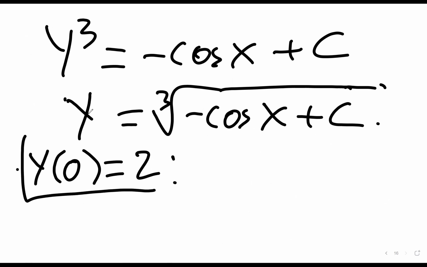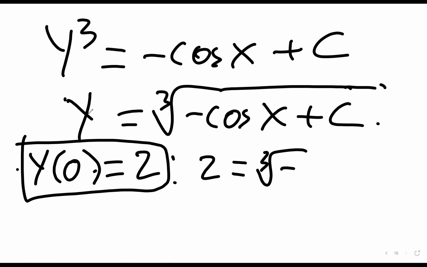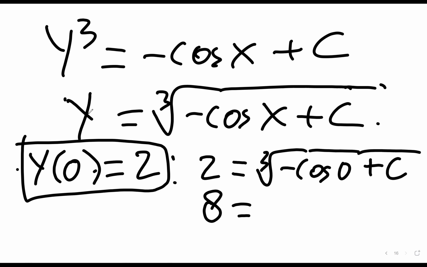This is the additional information; it can be any additional information. I just take the following: at x equals 0, the value of y is 2. In this case, we have 2 equals the cube root of minus cosine 0 plus the constant c. Obviously, here it becomes 8 equals minus cosine 0 plus c, and cosine 0 is 1. So I have minus 1 plus c. So c equals 9.